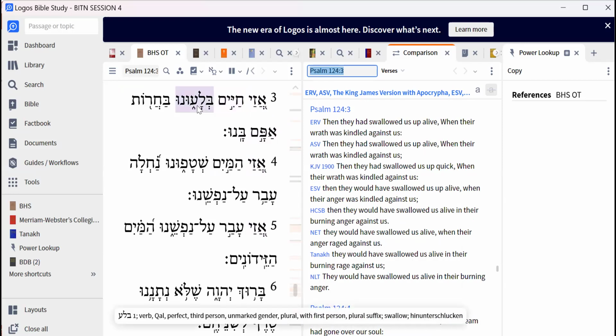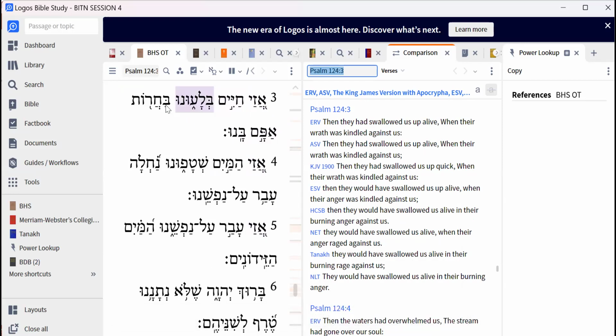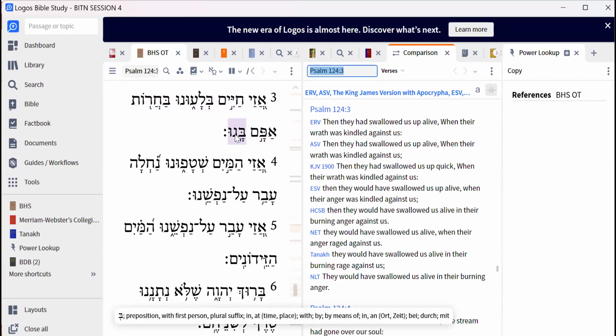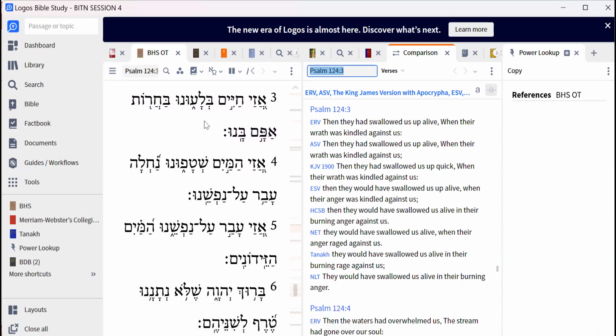They will have consumed us alive. Not only that, here is an interesting word, afar. When translated, then they will have swallowed up when their wrath was kindled against us.